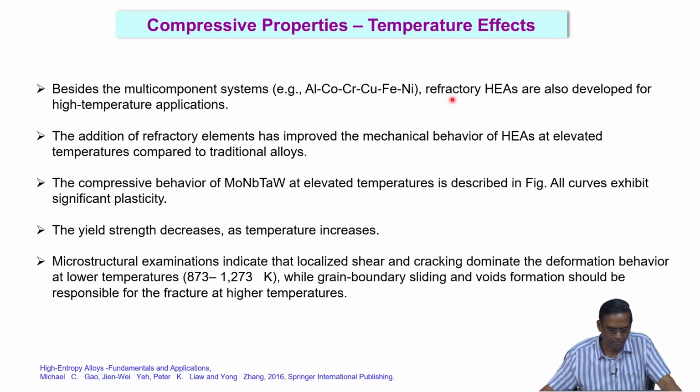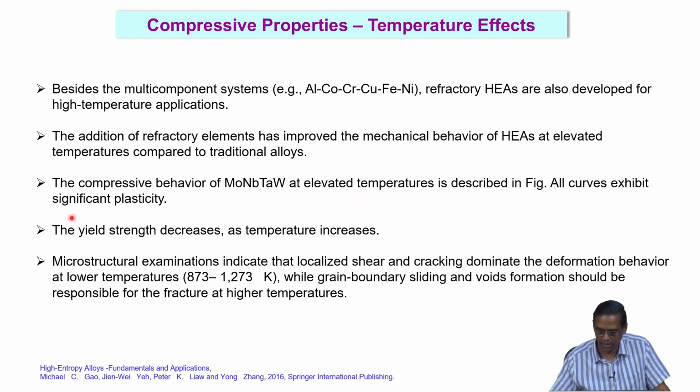So, besides this room temperature property, we also talk about the refractory high entropy alloys, which are primarily developed for high temperature application. Addition of refractory elements improved the mechanical behavior of these alloys compared to the traditional alloys. The compressive behavior of molybdenum, niobium, tantalum, tungsten at elevated temperature is described in a figure which I am going to show in the next slide.